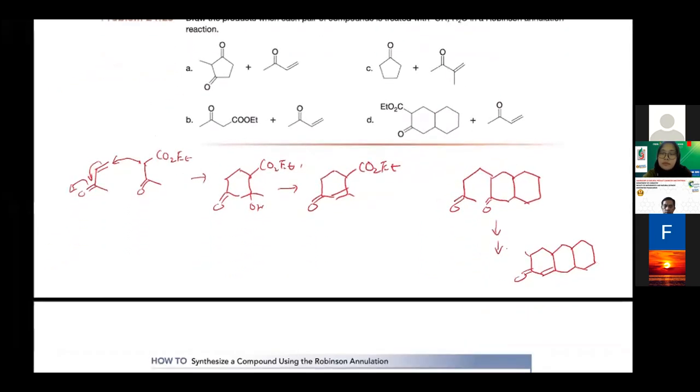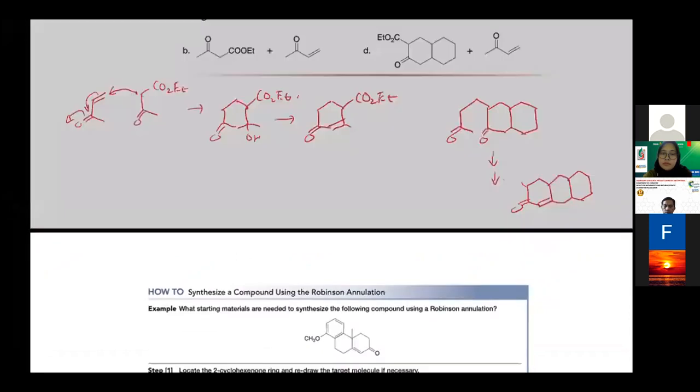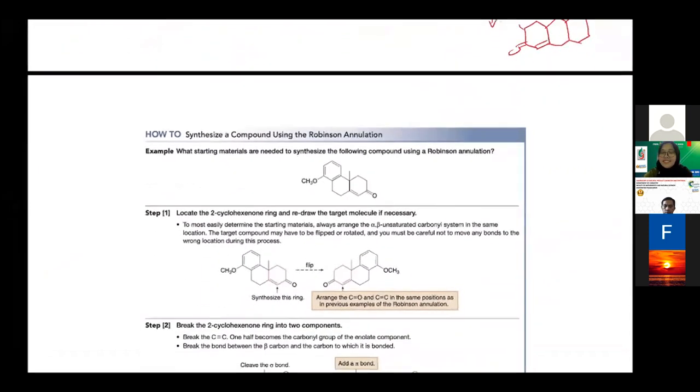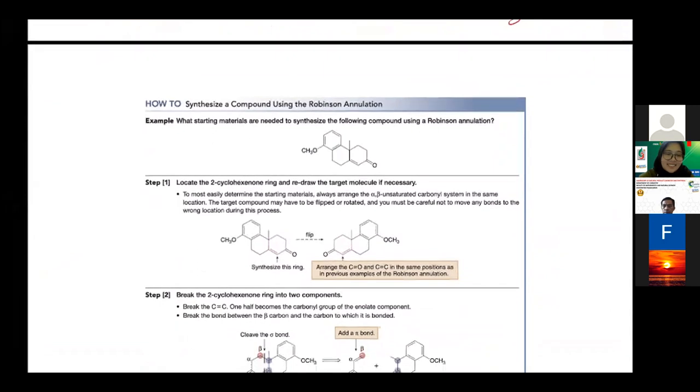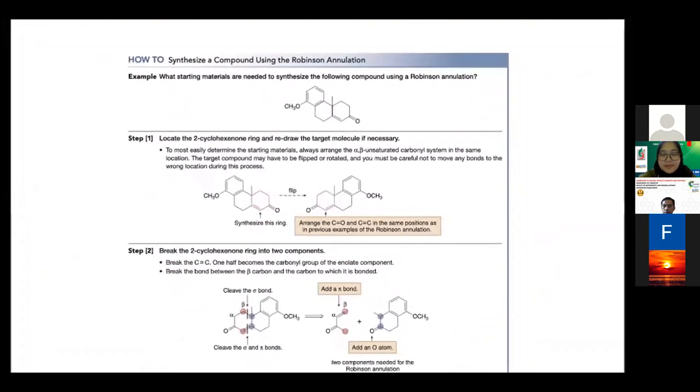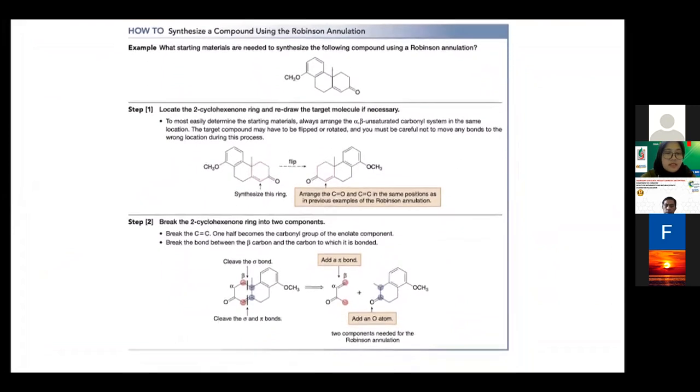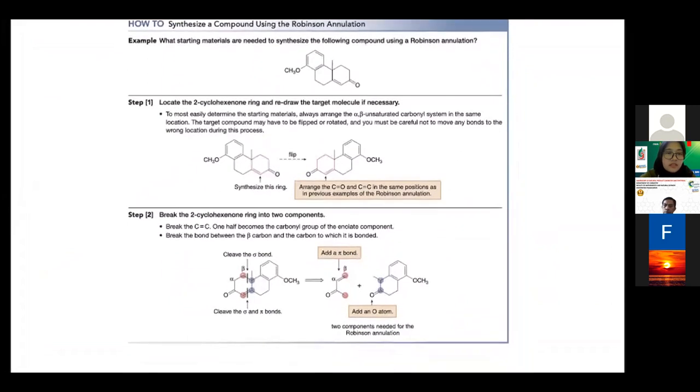Okay, next, okay, the final, almost the final. This is how to synthesize the next compound using the Robinson annulation, and this one looks very complicated. But at first, this is the same structure.